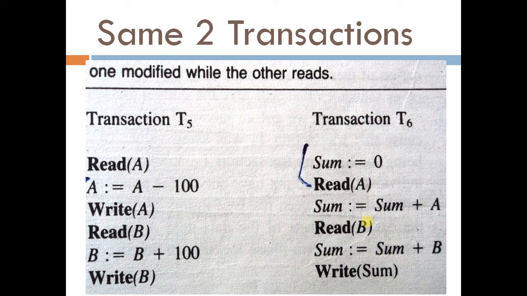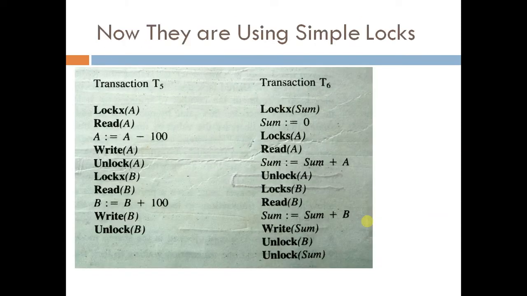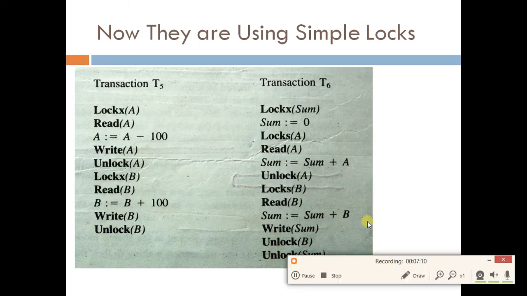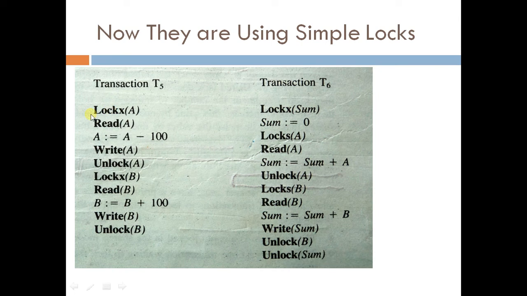Okay. Now let us try to apply this locking on these two transactions. So what we have done, we have modified these two transactions to use simple locks. As you can see, since it wants to read A and write, it applies for an exclusive lock. So here it applies for exclusive, it is granted, then it changes, then it unlocks.